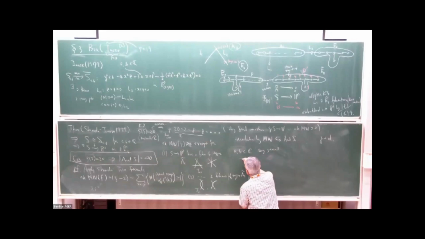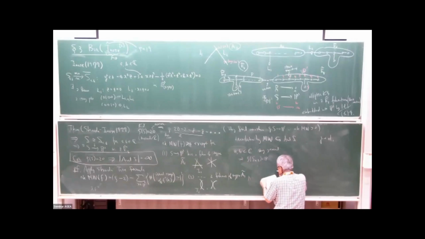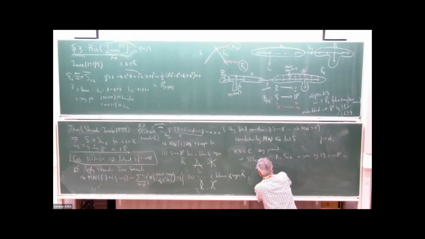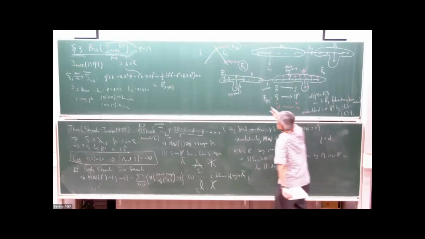Then Picard number is 18. And in fact, its Picard group is generated by 19 P1s in the Dynkin diagram.